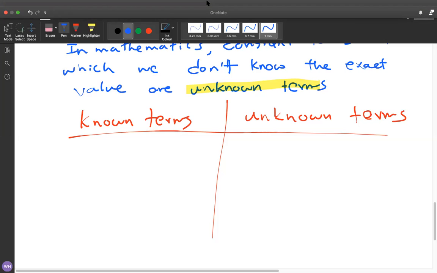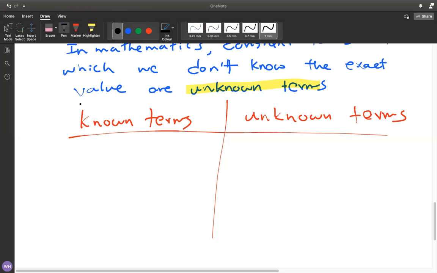Right. Nikki, give me an example for known terms that you know. A number of days in January. Yes, exactly. That's good. Number of days in the month of January. Yes, Sudas, can you give me an example?